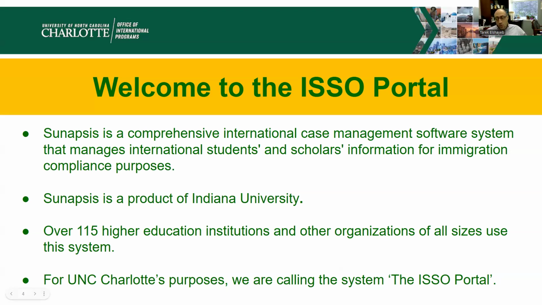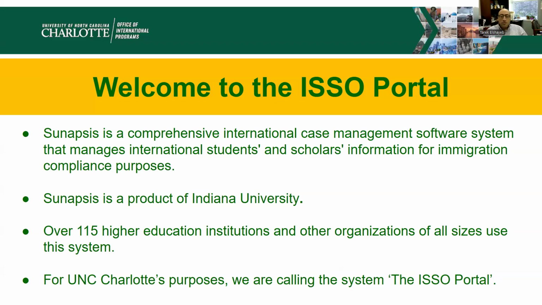Now, what is the ISSO portal? Our institution has almost 2,000 international students and visiting scholars. According to immigration regulation, we have to report a lot of information on them to the Department of Homeland Security, and we have to do that within a very restricted time frame.